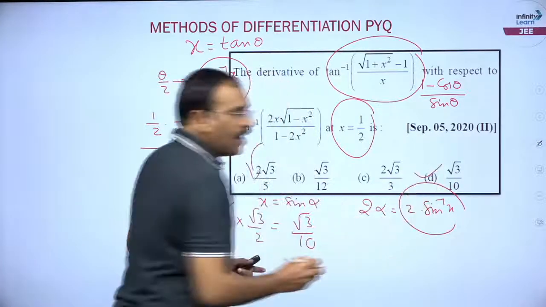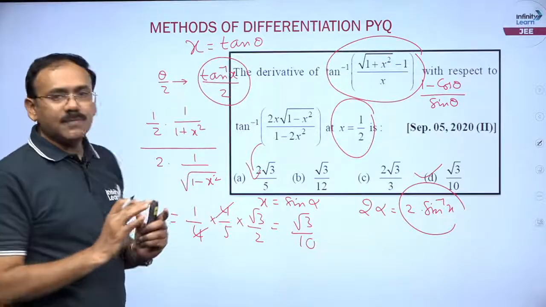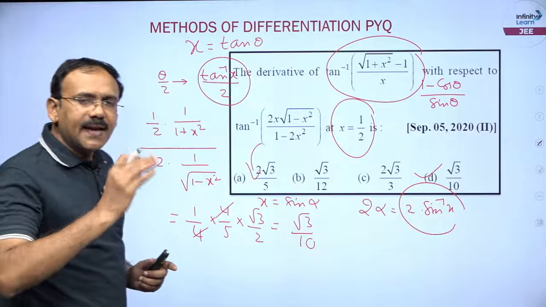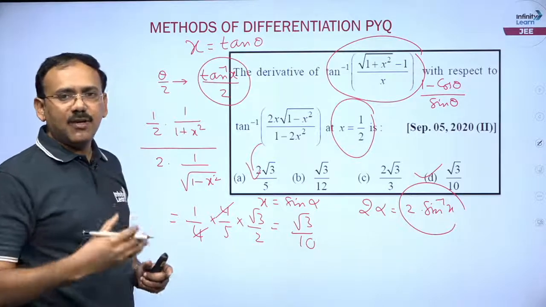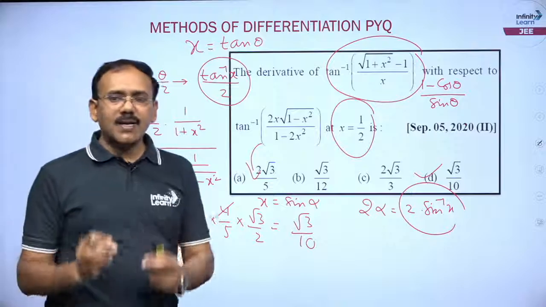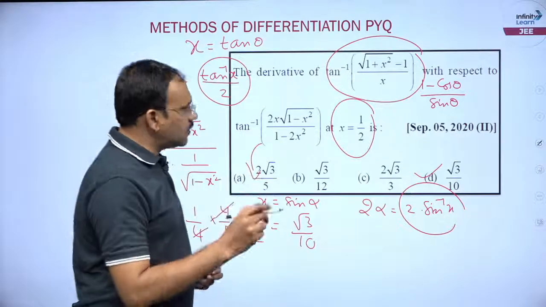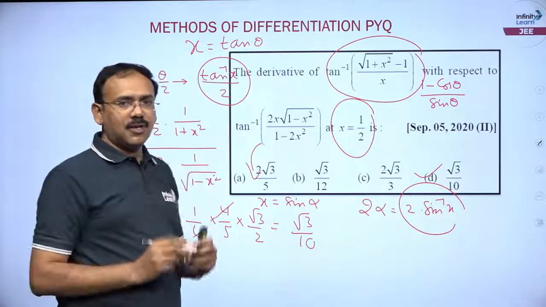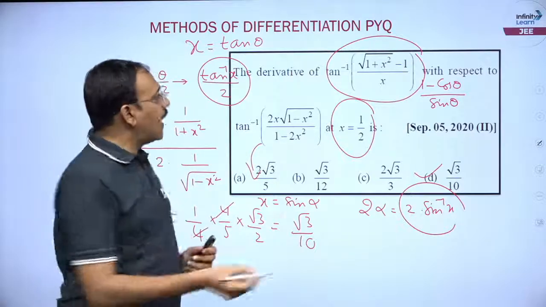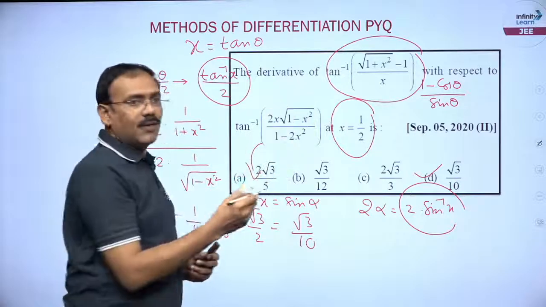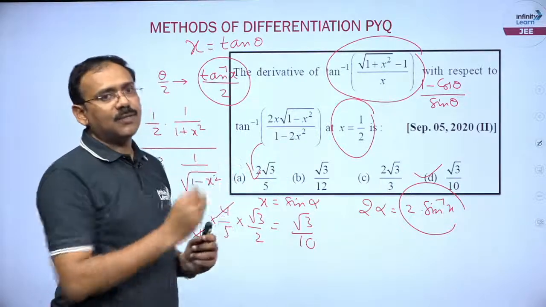You see, I have written a number of steps also, a few, because certain calculations you must be habituated to do orally. You see, in this problem you might have learnt three things. First of all, derivative of a function with respect to other function. Second thing, as inverse trigonometric functions are given with lengthier ones, you can give trigonometric substitution.